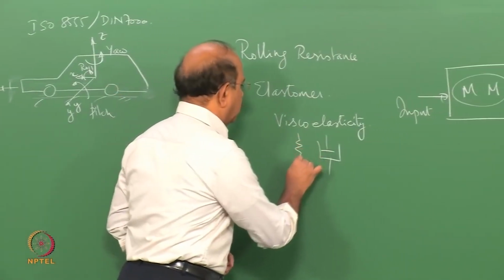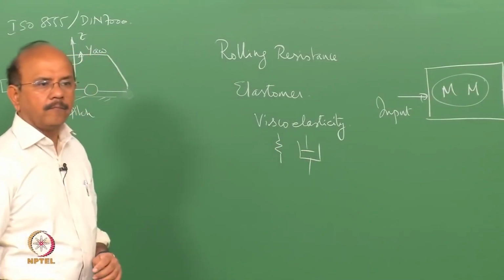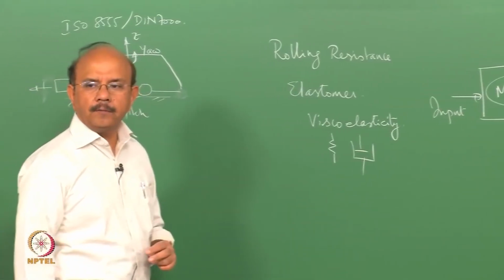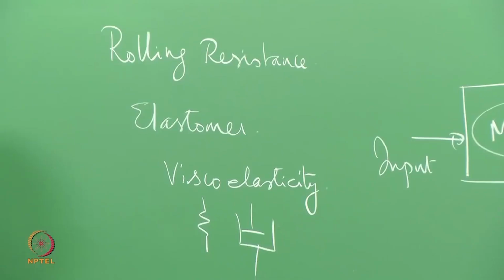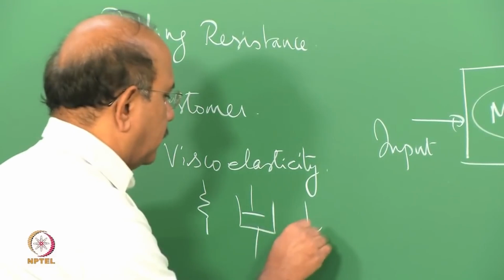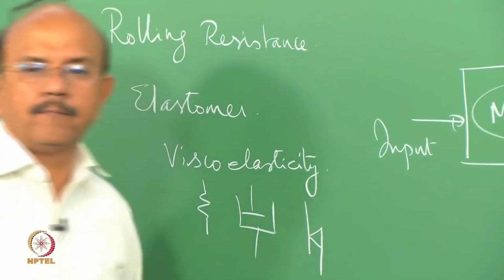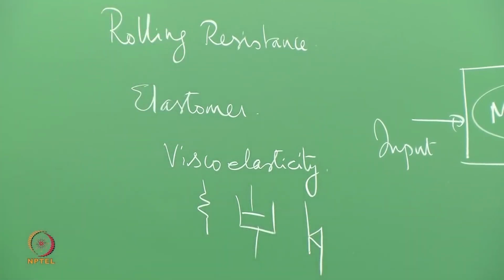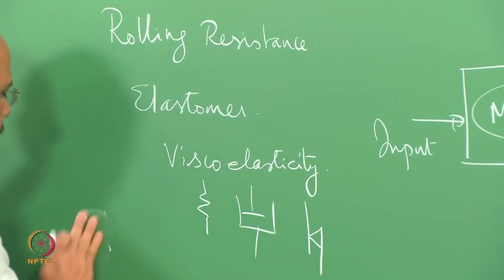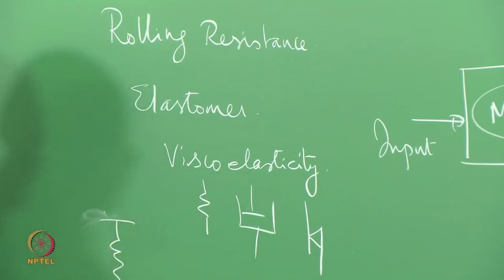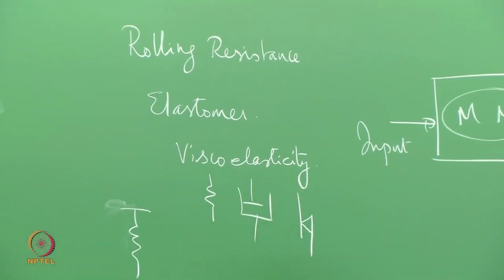One, a spring, other a dashpot, and third one is what I would call as a friction. Suppose I say that a material is purely elastic, then you can say that the material can be represented by means of a spring.